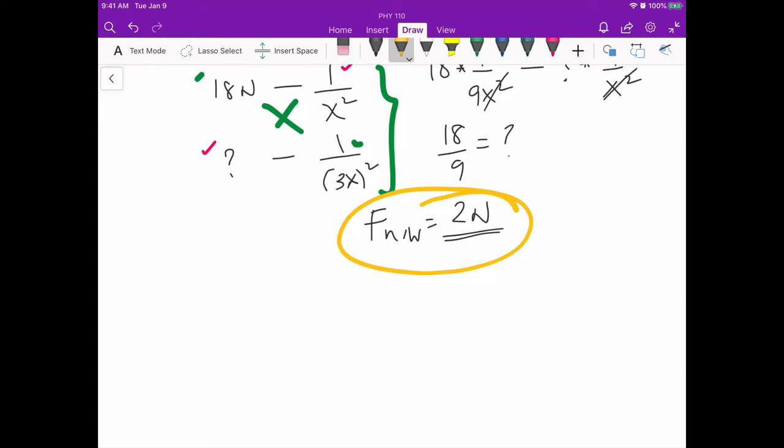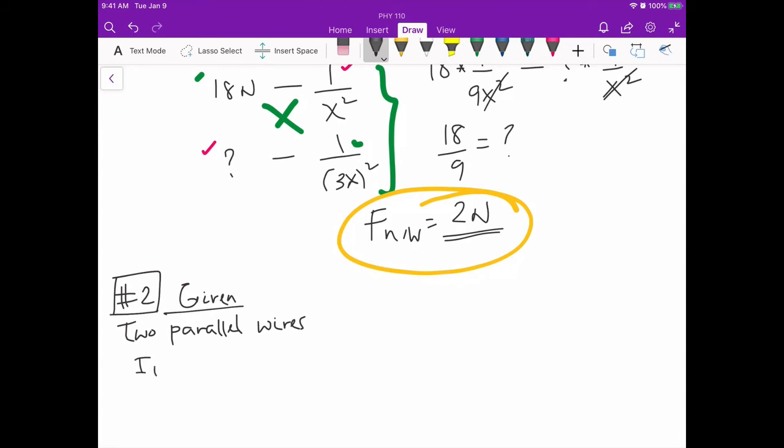More problems. Number 2 from your textbook, E2. Two long parallel wires, each carrying a current of 12 ampere.